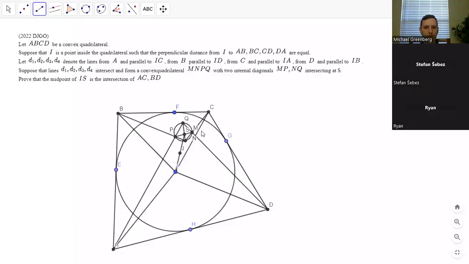Maybe, let's see. So if I do QH, ME, PG, and JF, do those concur at a point?